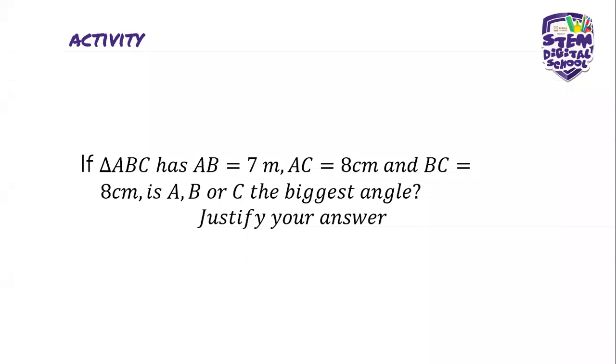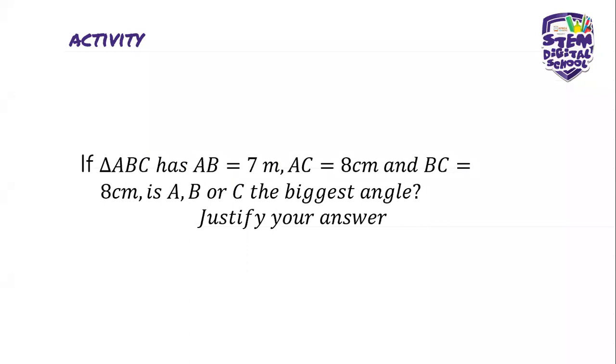If triangle ABC has got 3 sides, the side AB is equal to 7 meters and the side AC is 8 centimeters and BC also 8 centimeters. So you can see that AC is equal to BC.